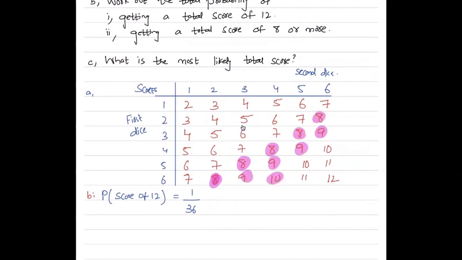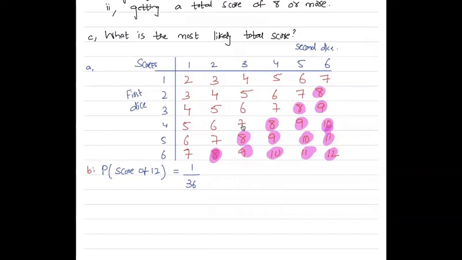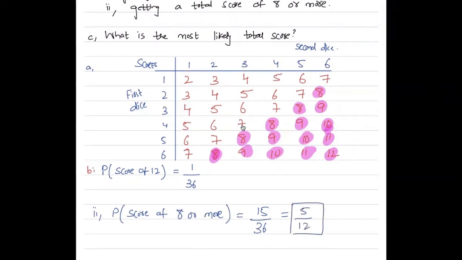So the score could be 8, 9, 10, 11, or 12. So you count the possibilities. The probability of having a score of 8 or more is going to be 15 out of 36. You can simplify this, and the probability is going to be 5 upon 12. Okay.